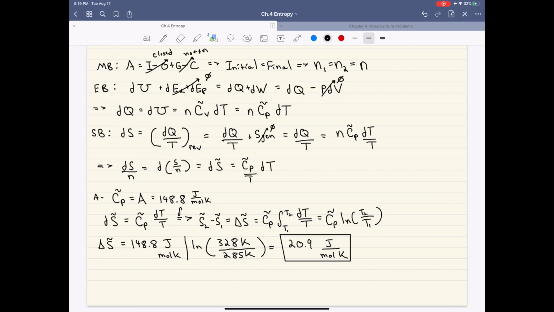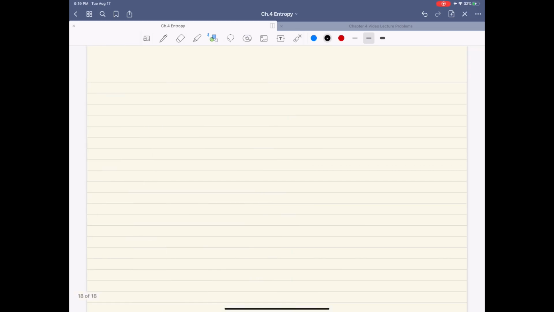Let's now look at the case where the constant pressure heat capacity is not a constant, but instead is a function of temperature. So let's now say Cp is equal to A plus BT, where A is the same as in the previous part, but B is this coefficient.